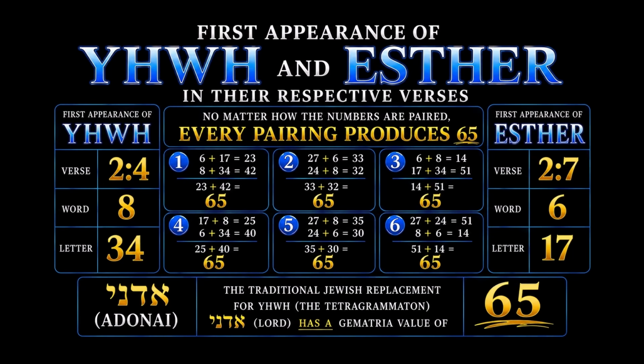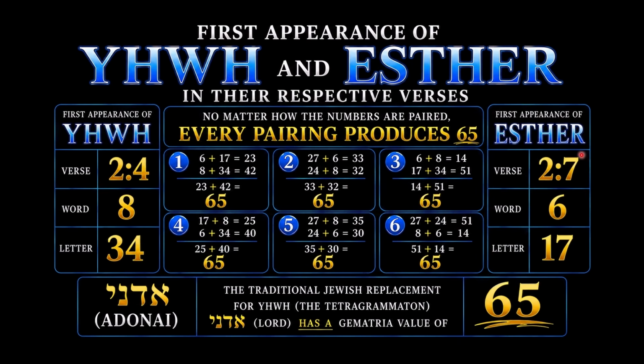Here we see the patterns formed by the first appearances of God's name and Esther's name, including their exact word positions within their respective verses. On the left, for the first appearance of God, the key numbers are verse 2:4, word 8, and letter 34.